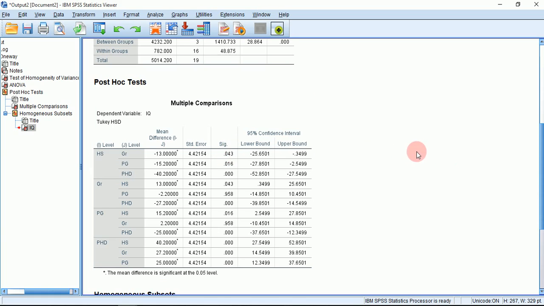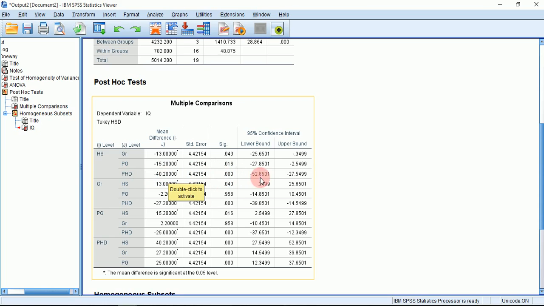Then we find that the mean difference between higher secondary and postgraduates is 15.2, and this difference is also statistically significant because the significance value is less than 0.05. And the mean difference between the higher secondary and PhD holders is 40.2, and this difference is also statistically significant.